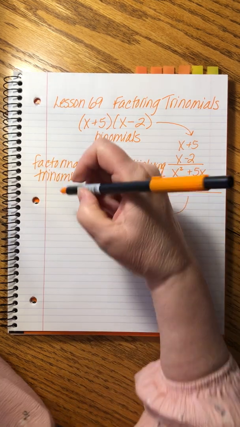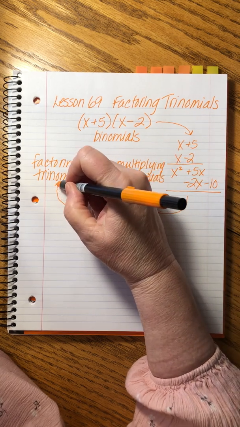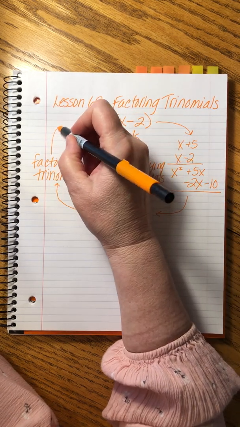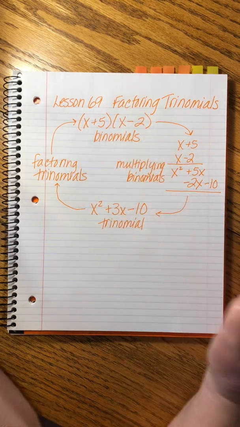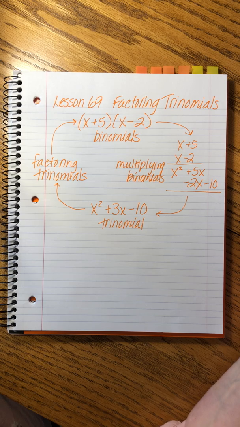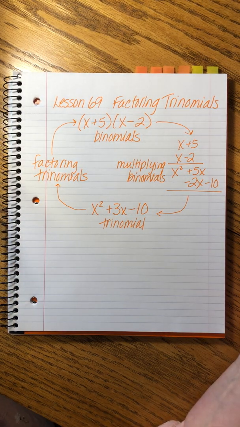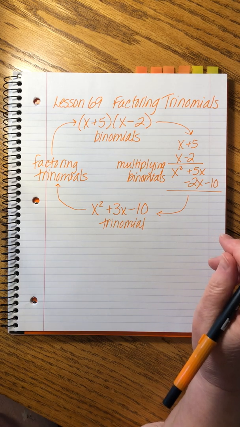And just remember, trinomial is one name for this thing. There are other names, but we're going to be able to take it back into that form. So we'll be able to go back and forth between these two forms any old time we want. And trust me, we're going to do a lot.